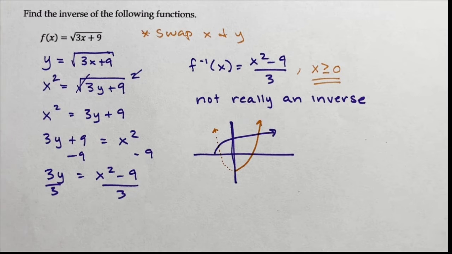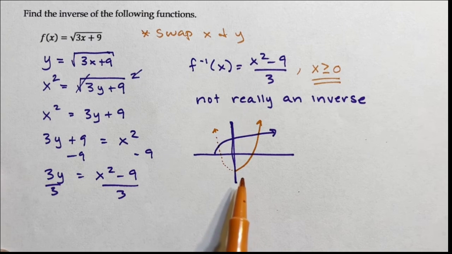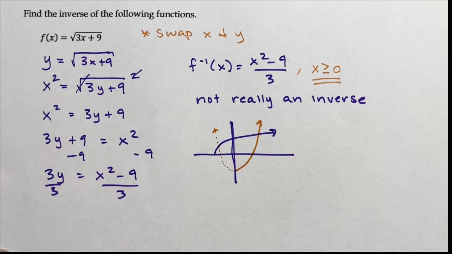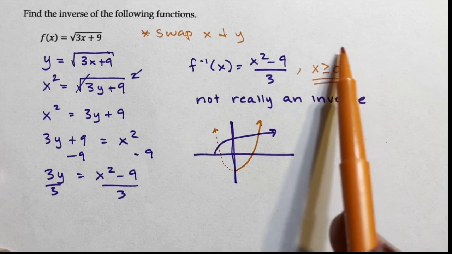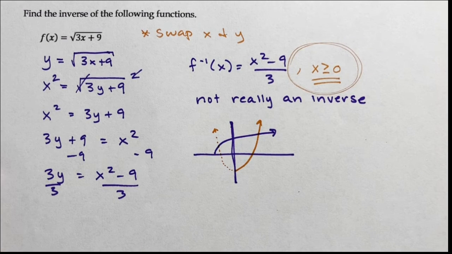So you need to be really careful with functions like the square root of x and x squared when finding inverses to know whether or not they're true inverses. Because this looks like a parabola that's fallen over, but it's only half a parabola because there isn't a plus and minus included with it. So if I don't restrict this, then I don't really have an inverse.